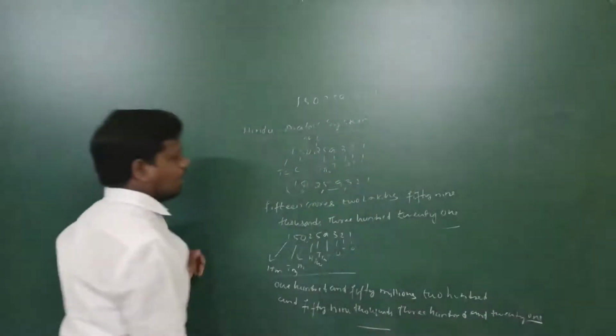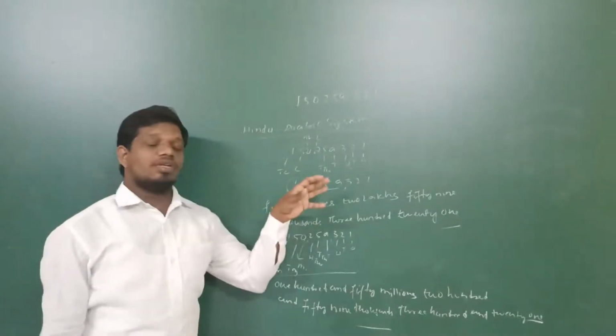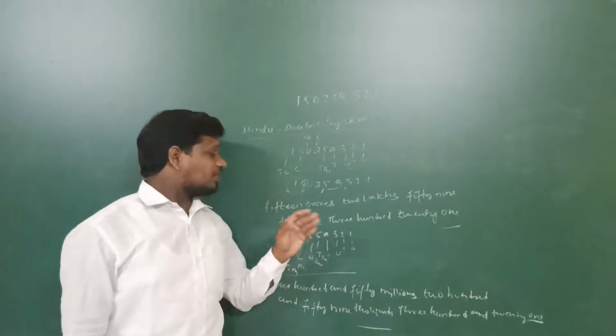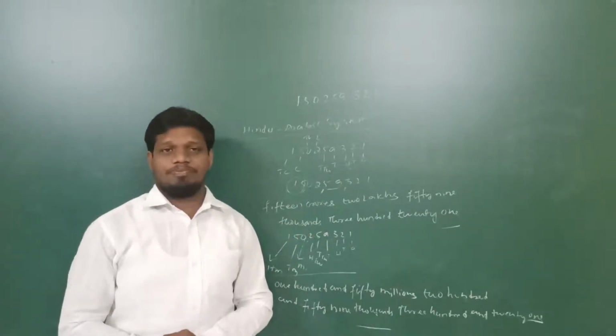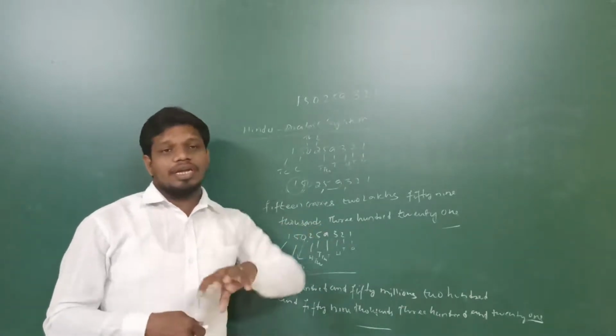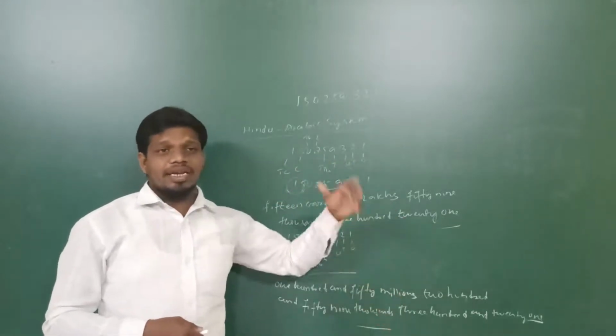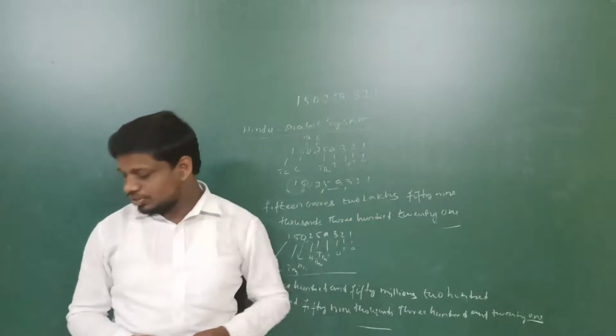So like that we have to express the number in the form of the Indo-Arabic system as well as the international system. Now we can convert the Indo-Arabic system to the international system, and the international system to the Indo-Arabic system.